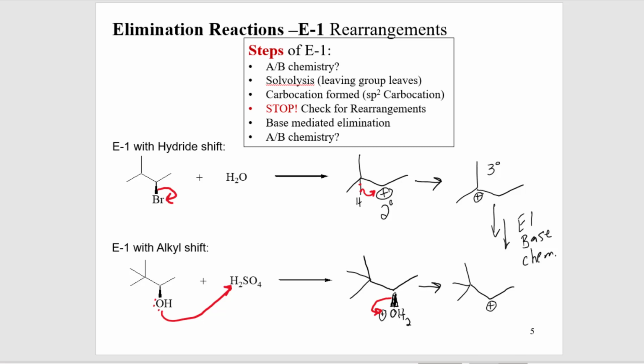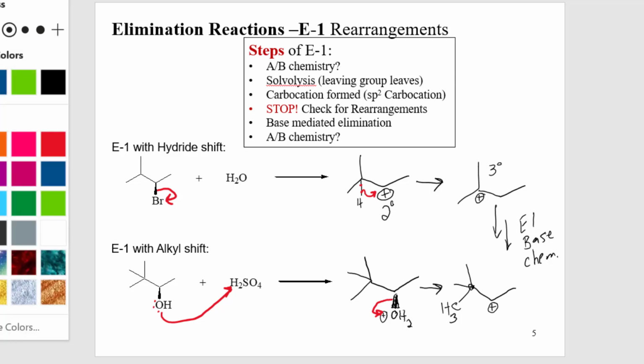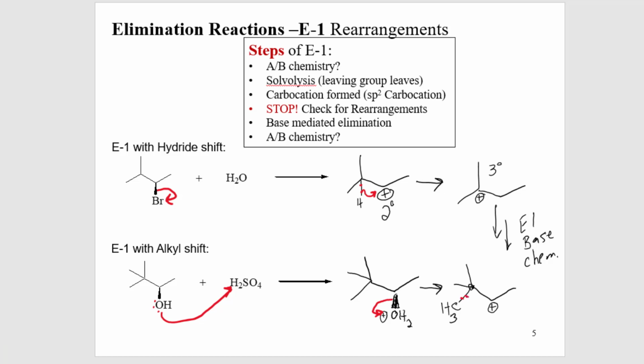I have a secondary carbocation at this position. I noticed that next door, I would love to have my carbocation there because it could be tertiary, but there's no hydrogens there. There are methyl groups. So a methyl is an alkyl group. There's lots of different types of alkyl groups. So we've got this methyl, just like the hydrogen, unplugs its 2 electrons and hops over.